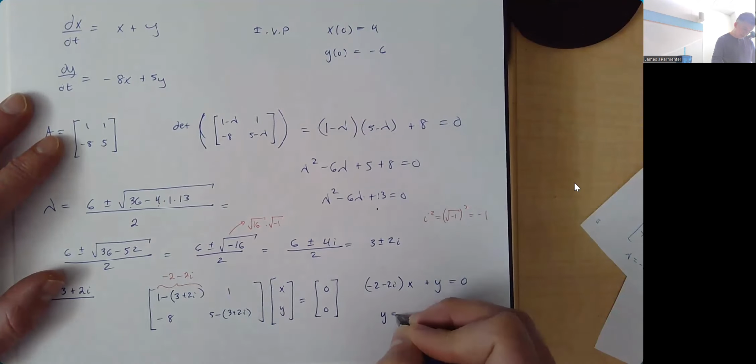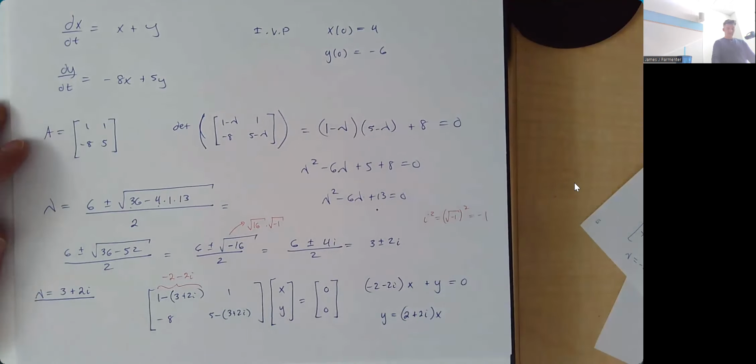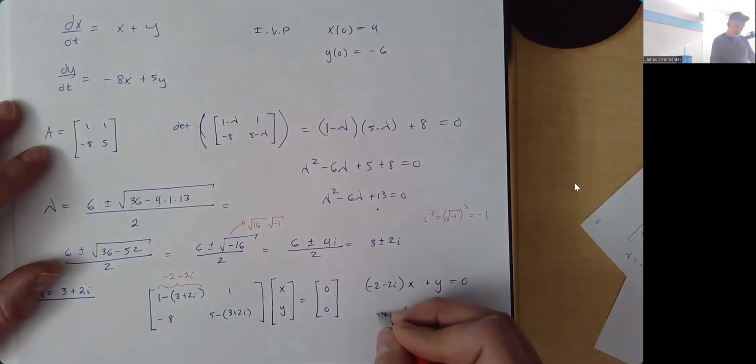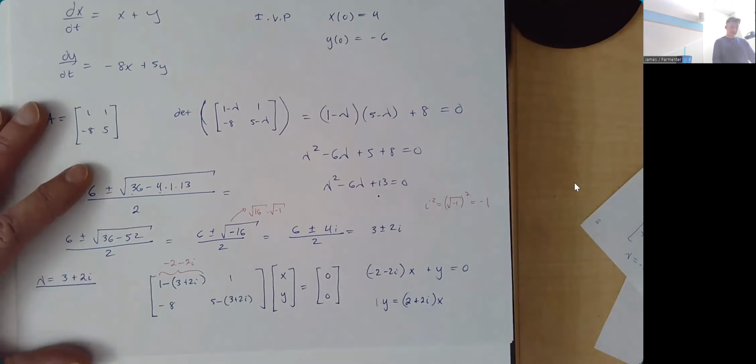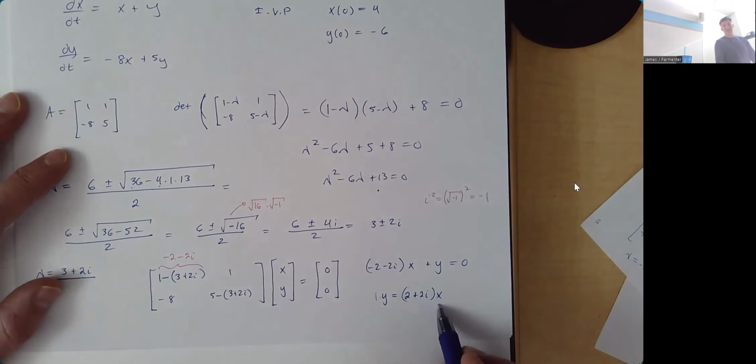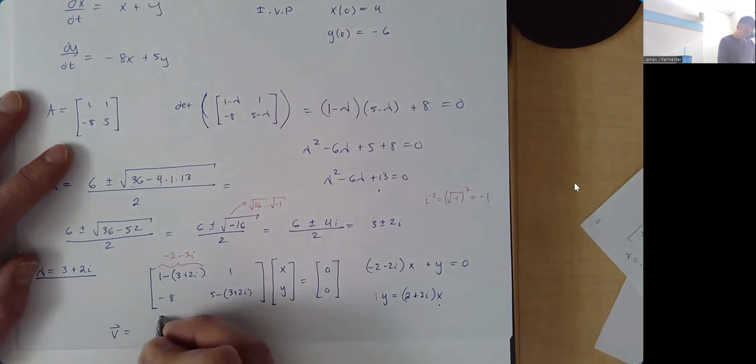So y is going to equal 2 plus 2i times x. Doing the thing we always do, setting x equal to 1 and figuring out what y is, my eigenvector is going to look like x is 1, y is 2 plus 2i.